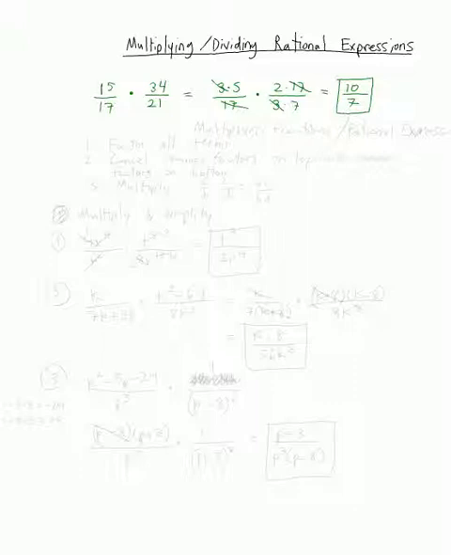So let's write down what we did. Step 1, we factored all terms. Step 2, we canceled common factors on top with common factors on the bottom.